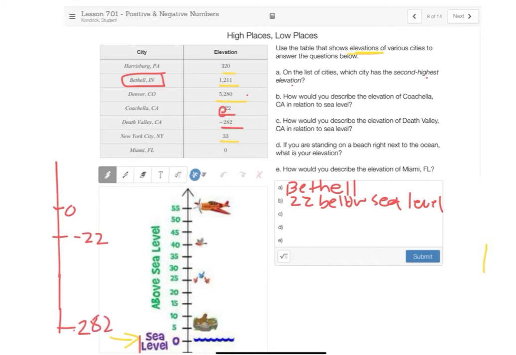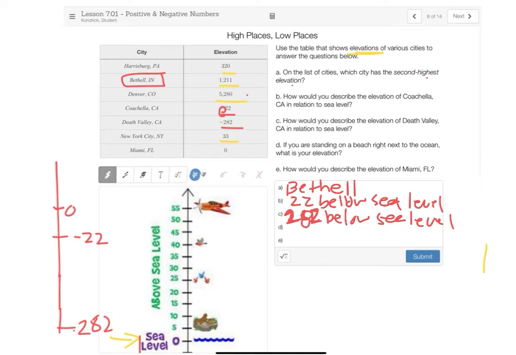So it would be 282 below sea level. Sorry for my ugly handwriting, but I think you guys are figuring it out. Again, that's supposed to be 282 below sea level. That negative is showing it's below.